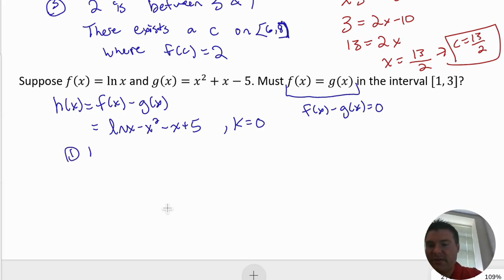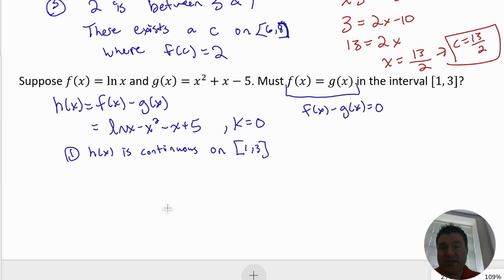So first off, h of x is continuous on the interval from 1 to 3. Ln of x is a continuous function on its domain, which is greater than 0, and g of x is a polynomial. If you add or subtract any continuous functions, you're going to be continuous.